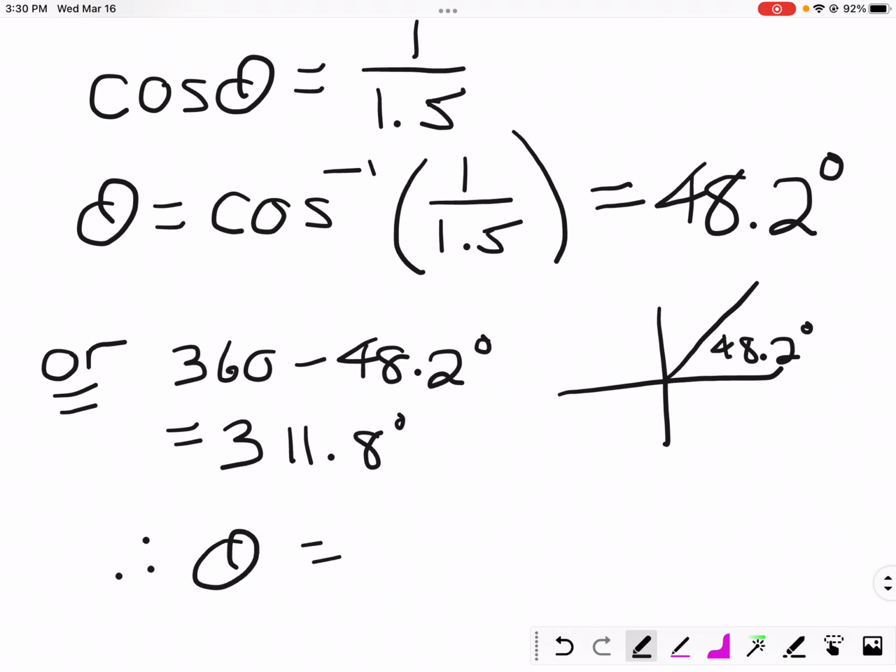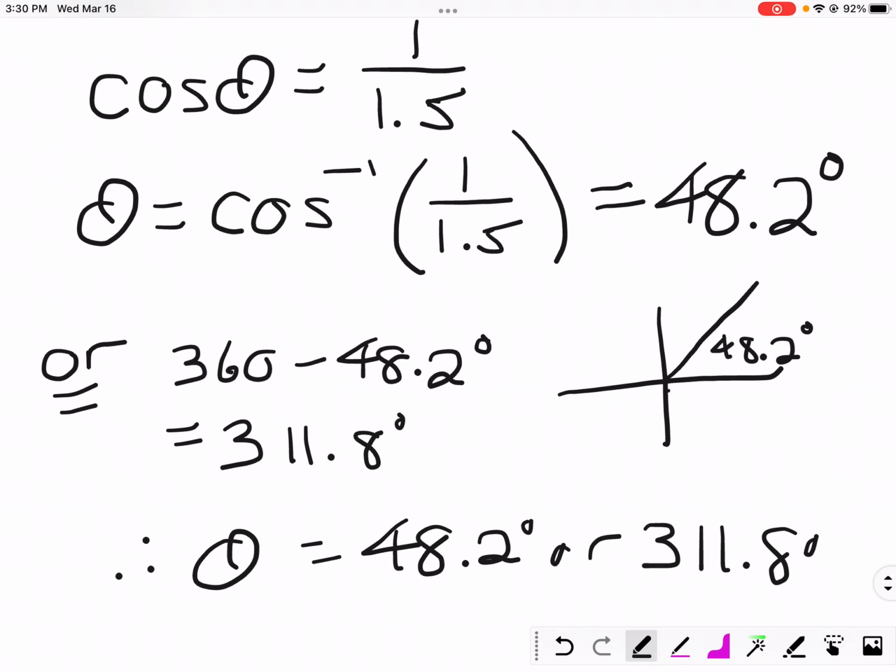Therefore, theta will be 48.2 or 311.8. And by the way, that one would be down there. That angle in there is 48.2, and going all the way around would be 311.8.